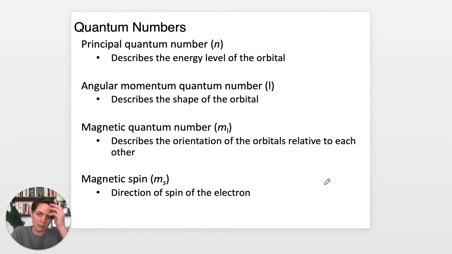Again, this is part of a model to help us understand the form of orbits around the nucleus and the possible location, probability of finding an electron. Okay, so the first quantum number is called the principal quantum number. Then we have angular momentum, magnetic number, and then magnetic spin.